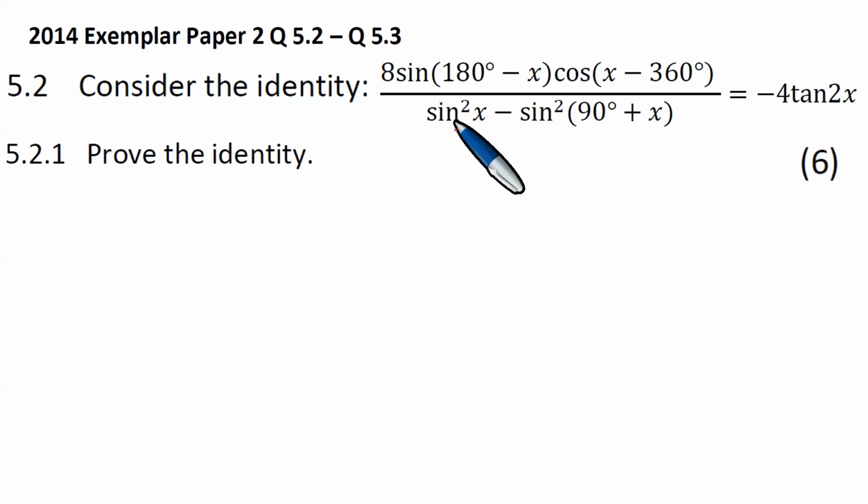We need to consider the identity given. We need to prove the identity. Now, to prove identities, we always do the following.